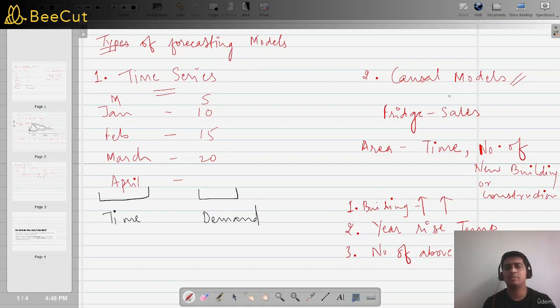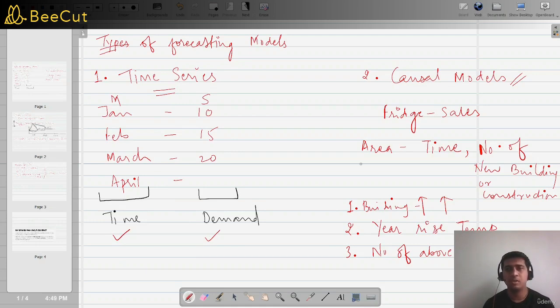So causal models are a bit complicated. You can't just predict based upon a time reference on one side and demand on the other, as if the future sales are only dependent on time and historical data, right? Time series is mostly based upon reproducing whatever has happened in history.